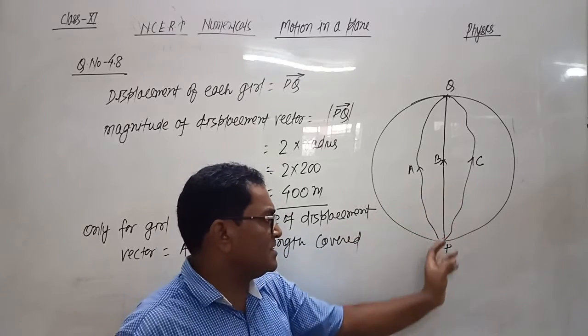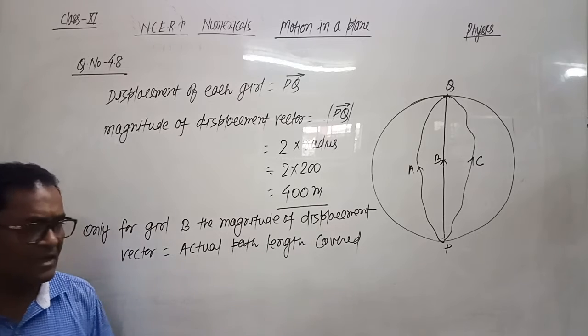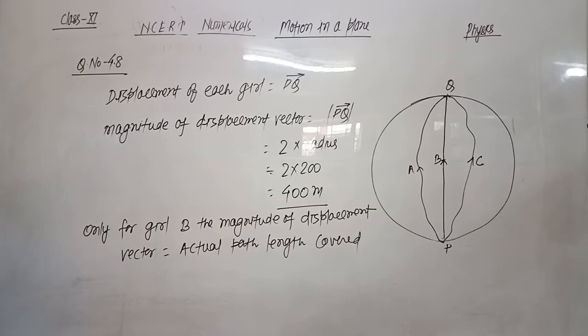For A and C, the actual path length covered will be greater than the magnitude of the displacement vector.